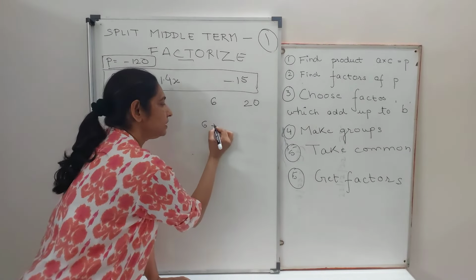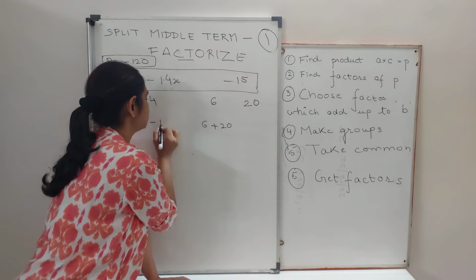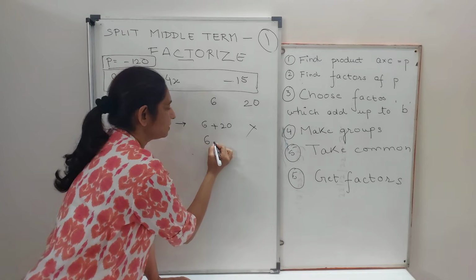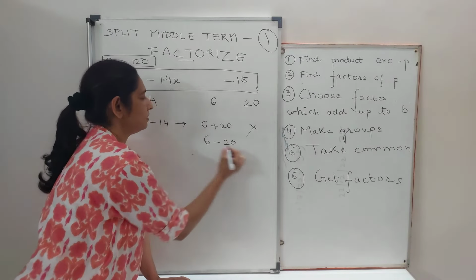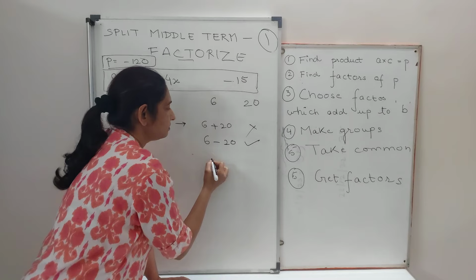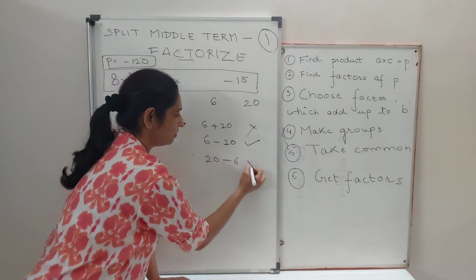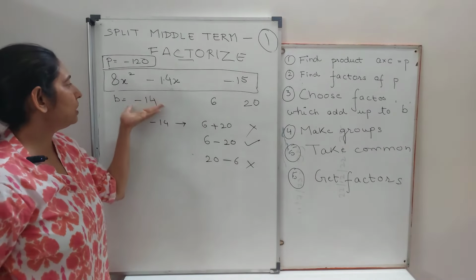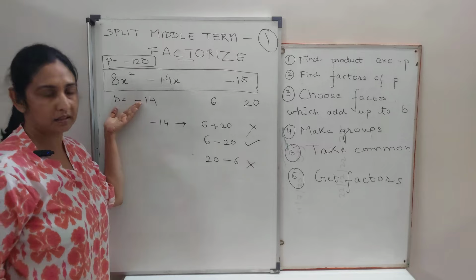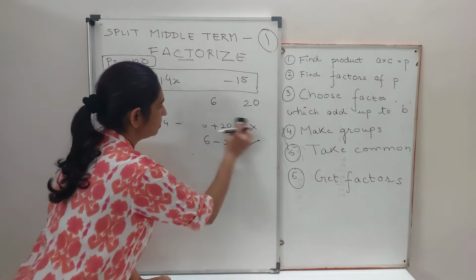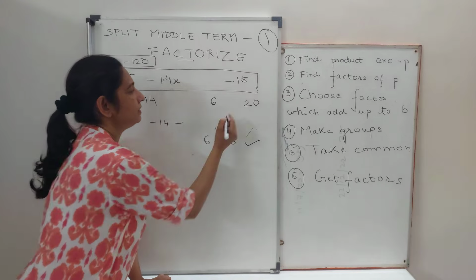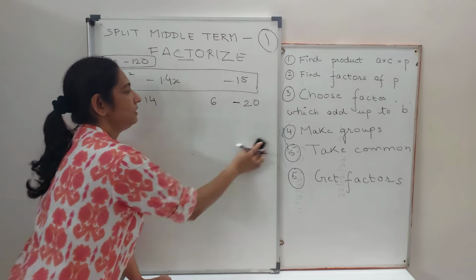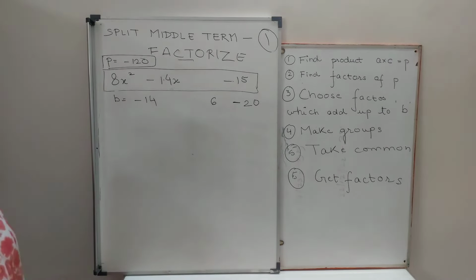Can we do 6 plus 20? We want minus 14. No. Can we get 6 minus 20? Yeah. Can we get 20 minus 6? No. So out of this pair also, choose the one which gives this along with the sign. So we got 6 and minus 20 as the correct pair.